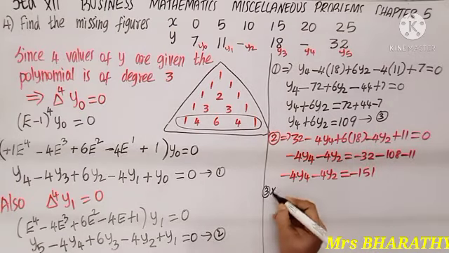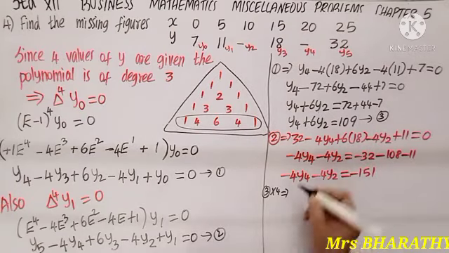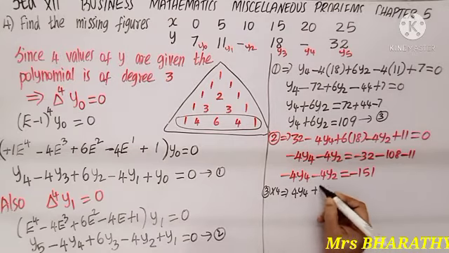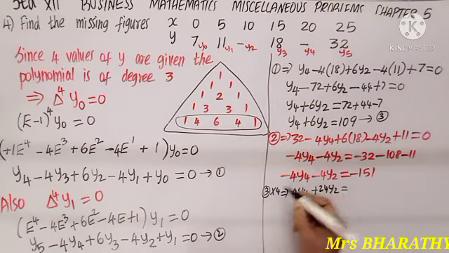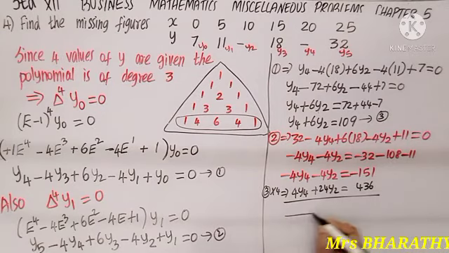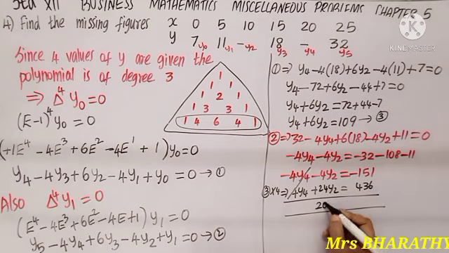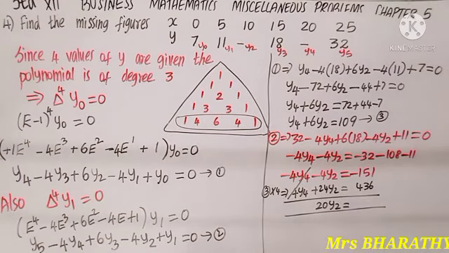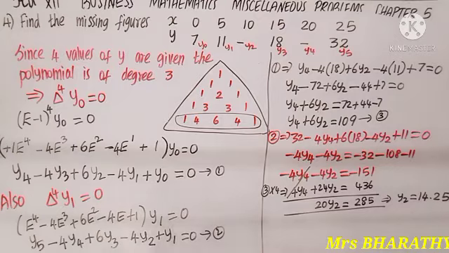So third equation I multiply by 4. 4y4, 24y2, 4 into 109. As we add the two, these two get cancelled. 20y2 equals 285, and as we divide, we get y2 equals 14.25.